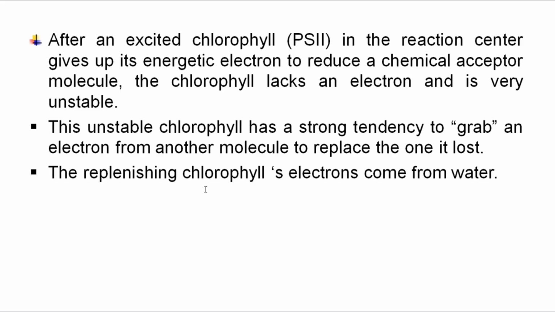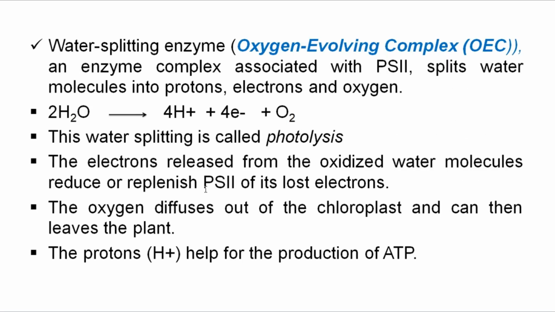So chlorophyll or photosystem 2 replaced its lost electron from what? From water. So water is the source of electrons to replace the lost electron of photosystem 2 or chlorophyll.